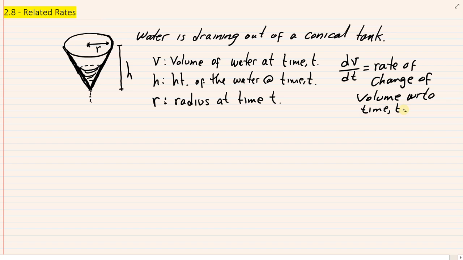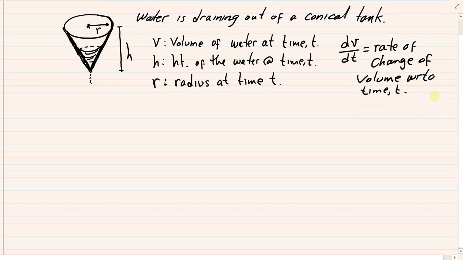So notice here we have an outside variable t where it affects all three quantities here. It affects the volume, the height of the water, and the radius of the surface of the water that's inside the cone. Okay, so what we need here is actually an equation, and usually we get this equation from the geometry of the problem.